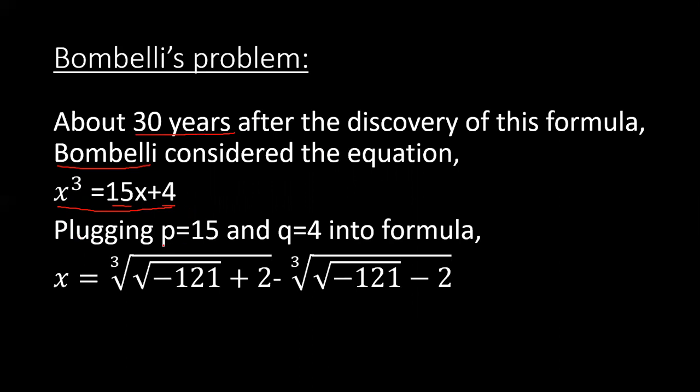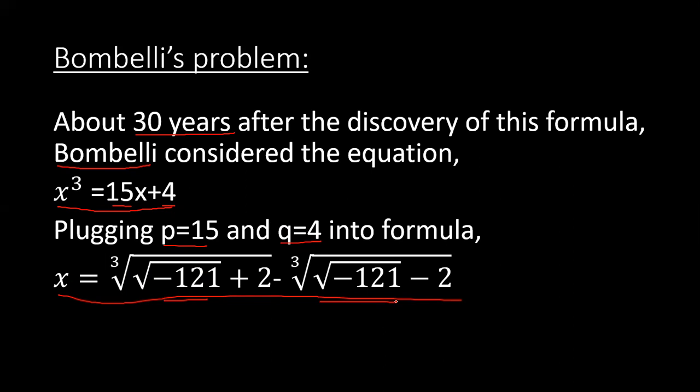So you plug the values of p and q, 15 and 4 respectively, into the previous formula that Girolamo found, and we get this solution. And here was again a problem because we got minus 121 under the square root. So that was again a problem.